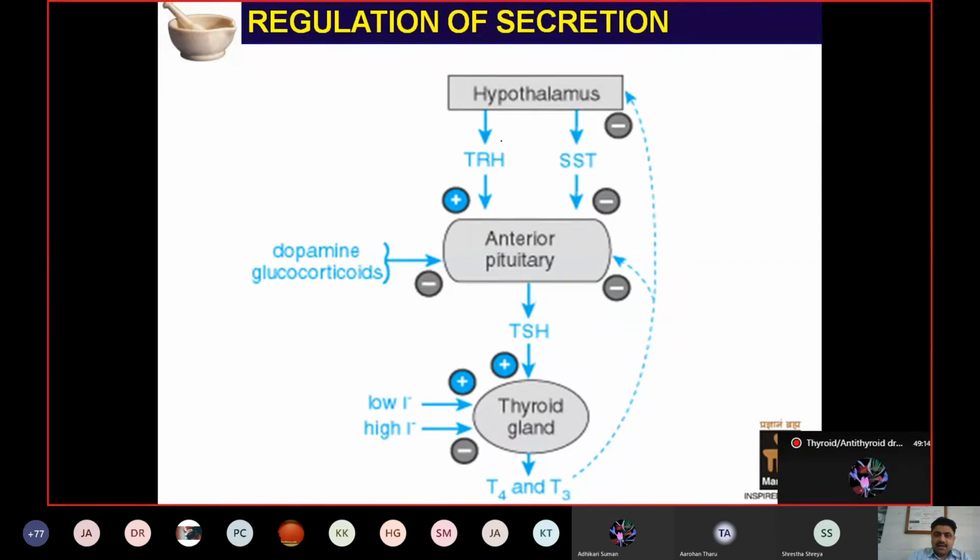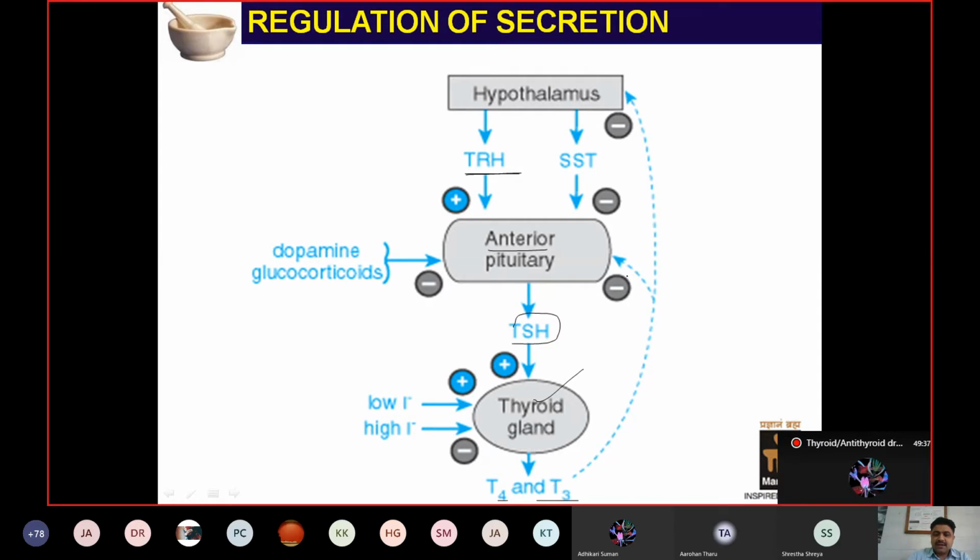Talking about the regulation, I have already said that the thyroid hormone is regulated from the hypothalamus. The hypothalamus releases thyrotropin releasing hormone, the pituitary is stimulated and releases TSH, and this TSH stimulates the thyroid gland to release T3 and T4.